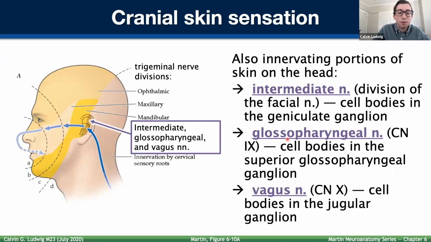The glossopharyngeal nerve, cranial nerve 9. These cell bodies are in the superior glossopharyngeal ganglion. And then the vagus nerve, cranial nerve 10. These cell bodies are in the jugular ganglion. The reason I mention the ganglia is because a table in the text did point them out. It was, again, that table that was cut off, so I've included them here. They are in the text.